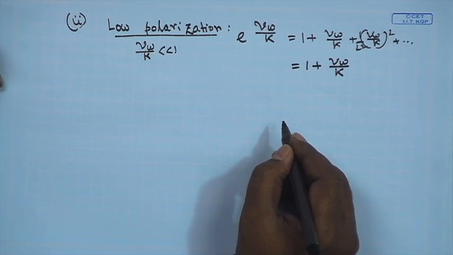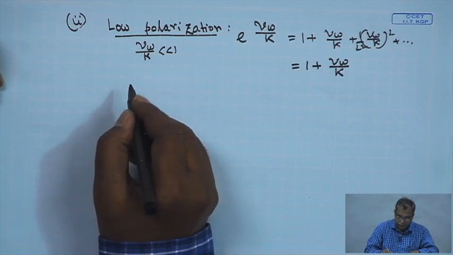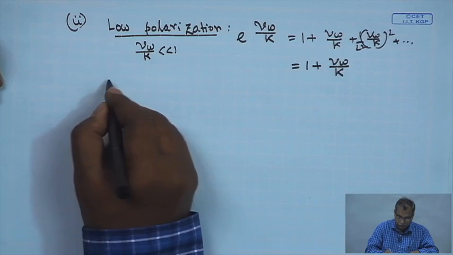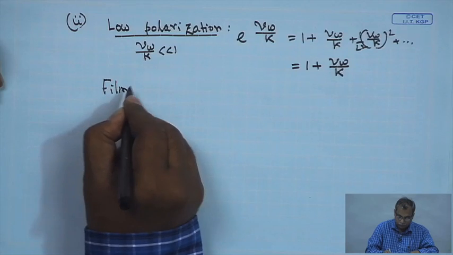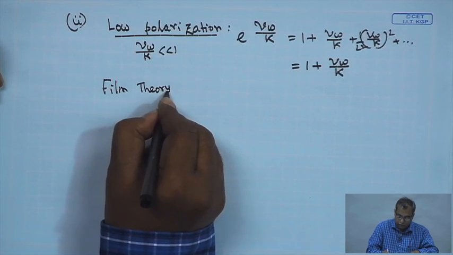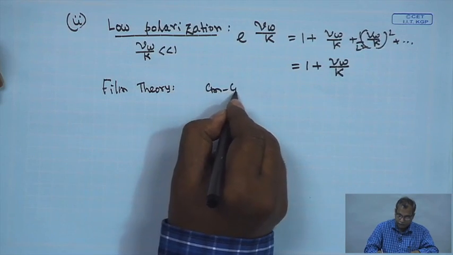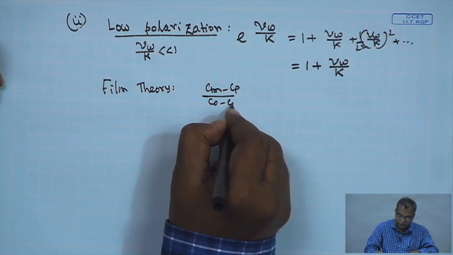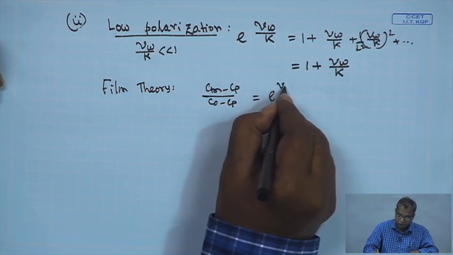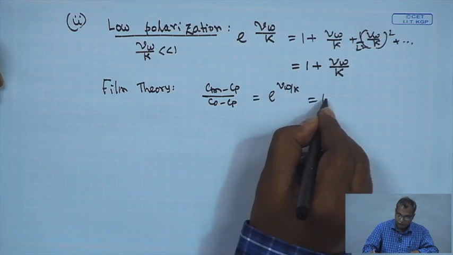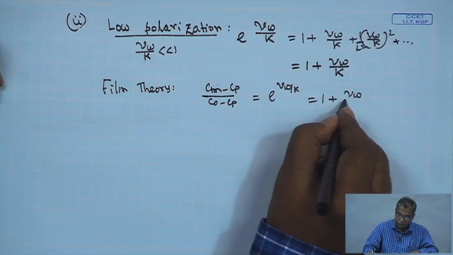Now, what will we be doing next? We will be writing the film theory. The film theory, if you remember, is Cm minus Cp divided by C naught minus Cp equals e to the power Vw by k, and this will be replaced by 1 plus Vw by k.